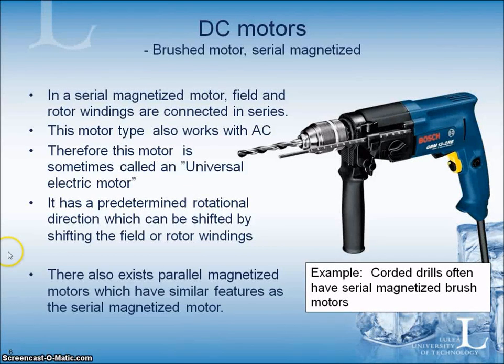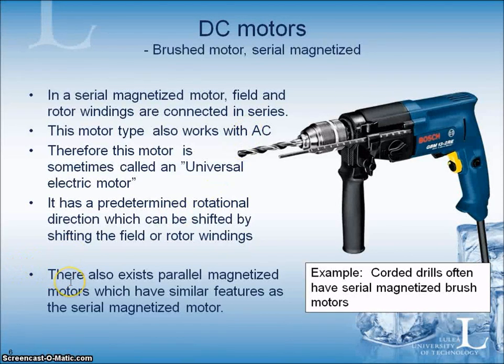This motor type also works with AC, as in this example, a corded drill. Many hand tools are of this kind. But since it works with both AC and DC, it's sometimes called a universal electric motor, or in Swedish Allströmsmotor. The motor has a predetermined rotation direction which can be shifted by shifting the field or rotor windings.